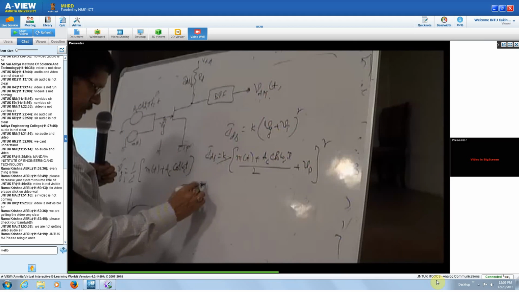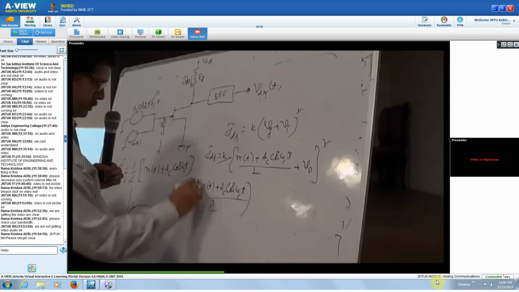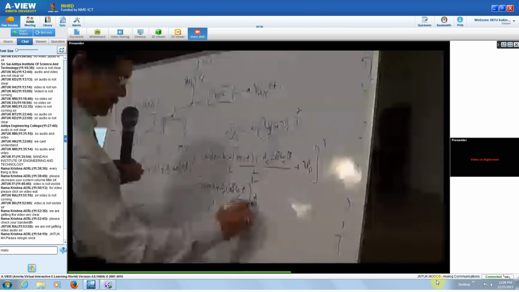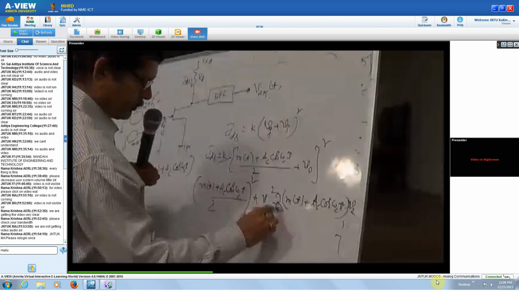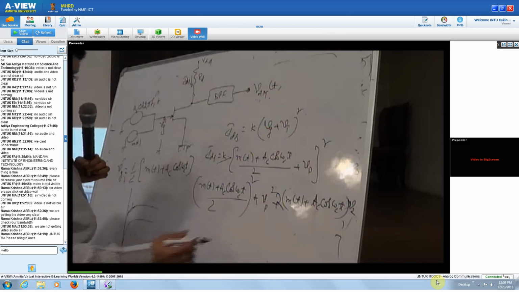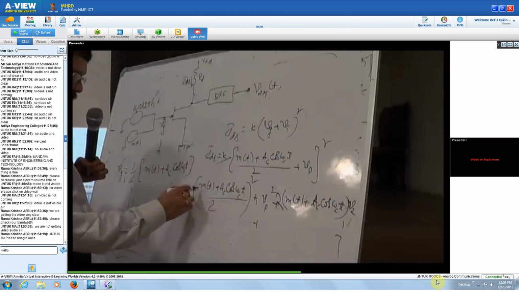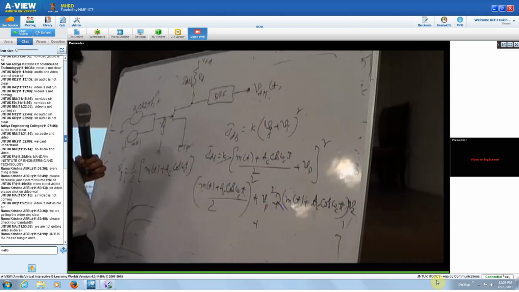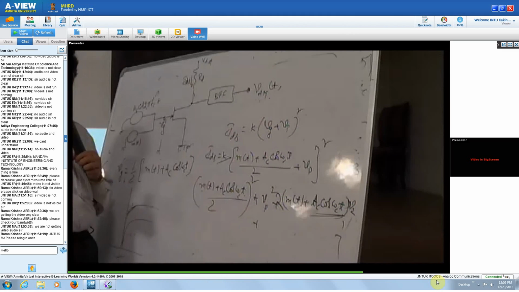So we get M of t plus AC cos omega ct by 2 whole, plus Vp square plus M of t by 2 plus Vp square, already we have put it. So when you square this again, M of t into AC cos omega ct will be coming, right? And already we have this AC cos omega ct in the output.